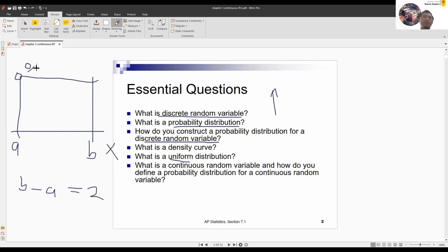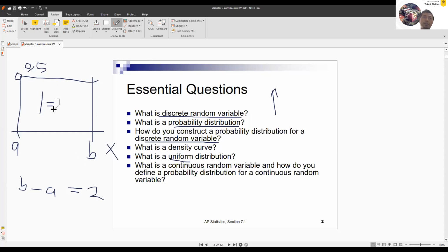0.5. Why 0.5? Because the size under the curve should be 1.